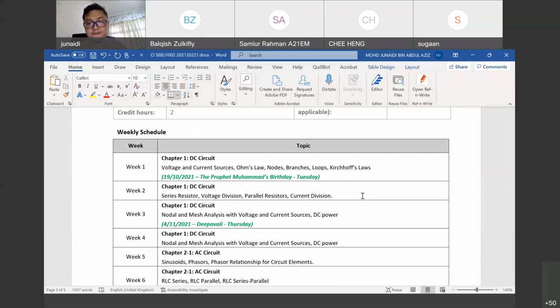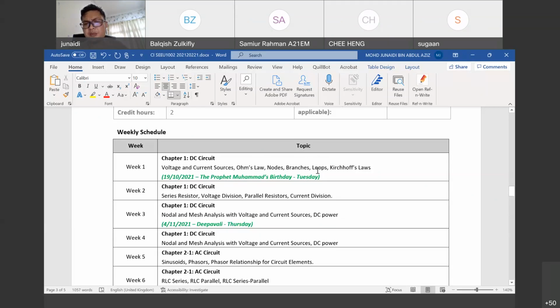For chapter 1, DC circuits. So basically for this week, we're going to focus on voltage and current source, types of voltage source and types of current source, and then go to Ohm's law. And after that, nodes, branches, loops, and Kirchhoff's law. So all these terms actually refer to electric circuit network.